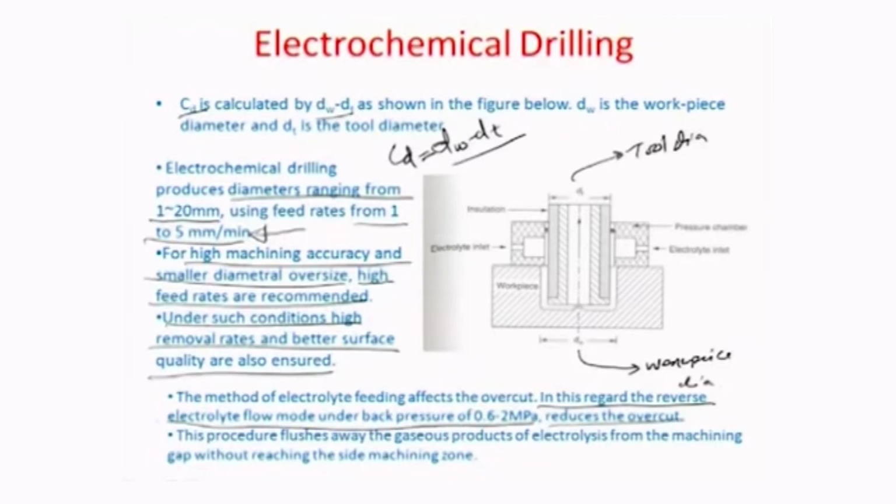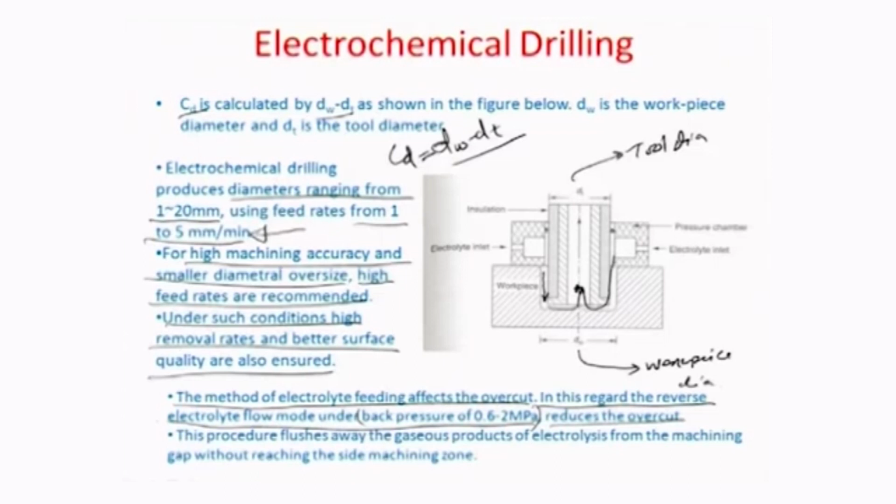So, if instead of making the electrolyte flow in this direction, you flow the electrolyte in a reverse direction, entering from the side and going towards the axial center, you will definitely have a smaller CD or a smaller overcut of the hole that you want to produce. The only thing you have to ensure is that there has to be a back pressure of about 0.6 to 2 megapascal for this.